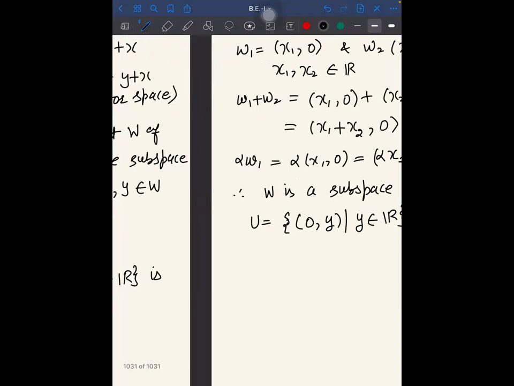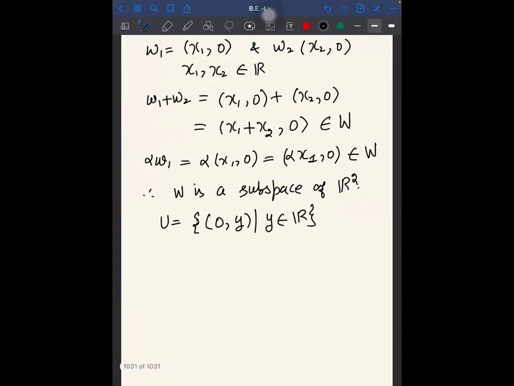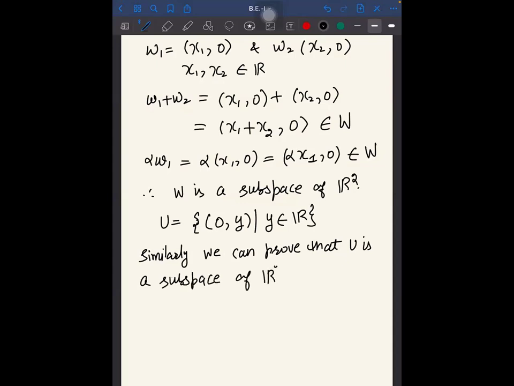On similar lines, we can prove that U is a vector space, a subspace of R2.